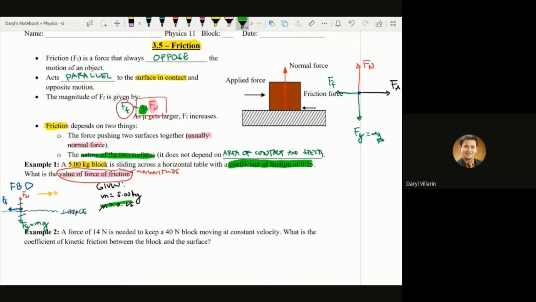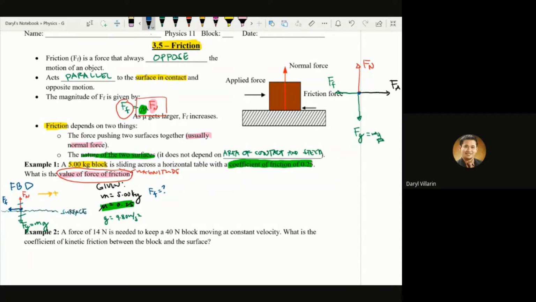It's just a number. And g, you know that's 9.80 meters per second squared. So from now on, just use that value in computation for the weight. And then we want to know the magnitude of the friction, so the value.